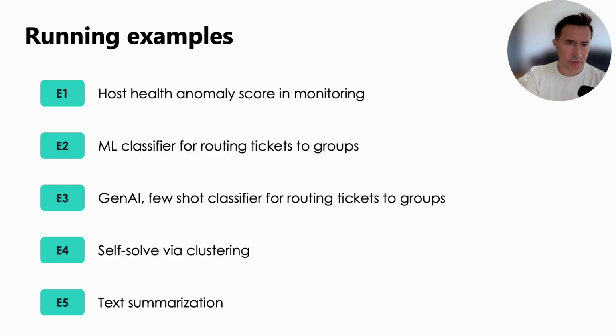So we have 5 running examples that we're going to use throughout the sessions. The baseline is E1, that's a deterministic function. It's our host health anomaly scoring. Then we have a couple of classifiers. The first one is a machine learning trained classifier, and the second is the same classifier, but in a GenAI few shot version.